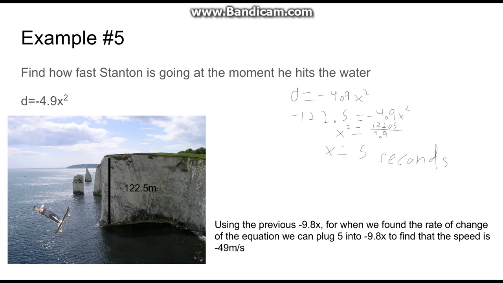Then we divide 122.5 by 4.9, then we square root both sides and you get 5 seconds. Now, using the previous derivative, negative 9.8x, we could plug in 5 seconds to find the speed at 5 seconds, which is negative 49 meters per second.